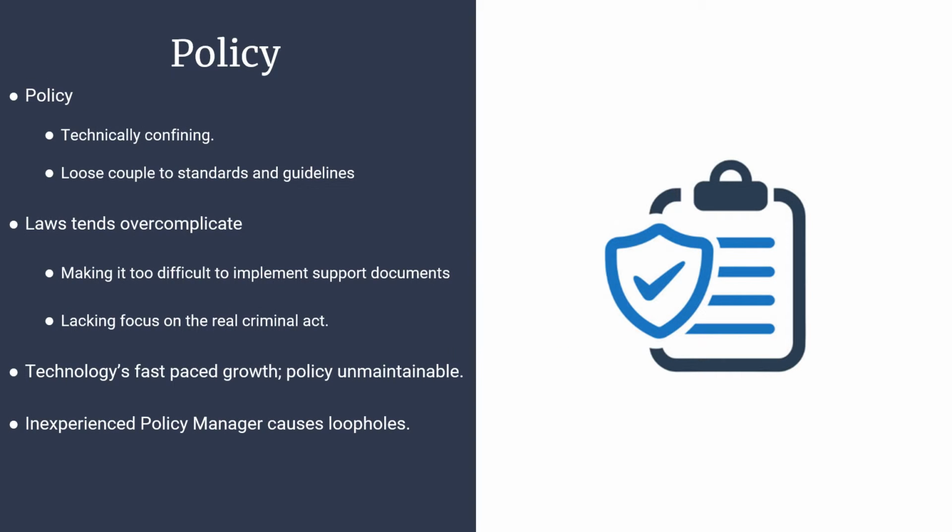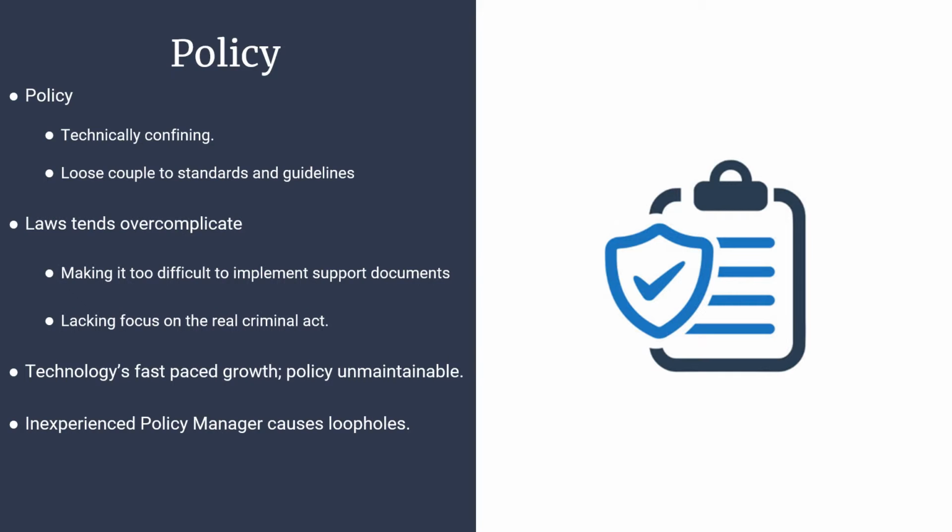Vulnerabilities can be vast when it comes to policies. The policy can be too specific or too vague, thus not covering everything necessary for a certain cybercrime. The laws in place when it comes to cyber crimes are sometimes too complicated, making it hard for the policy to focus on the real criminal act.